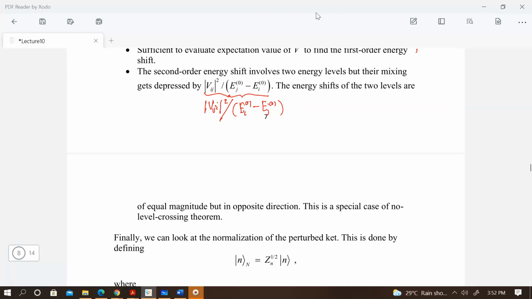One is going up, one is going down. So we have an energy shift of the two levels in such a way that initially it is, for example, maybe this, one goes up and one goes down.